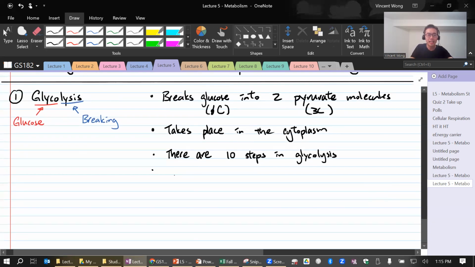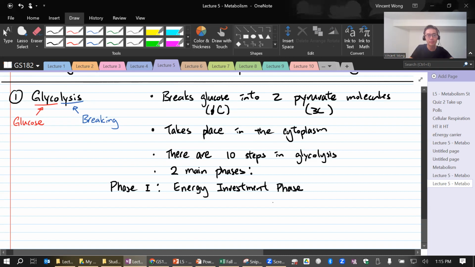And it is divided into 2 main phases. Okay, phase 1, which is the first 5 steps, is the energy investment phase.